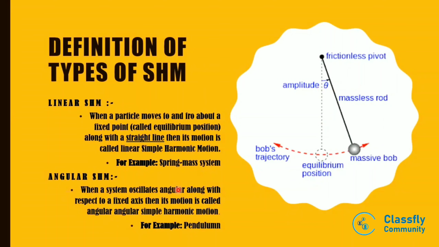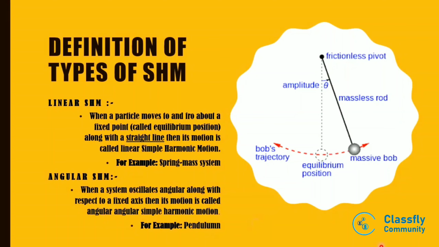When a system oscillates angularly with respect to a fixed axis, so this is the axis and it's moving like this, this is the theta which is being changed. This is called angular simple harmonic motion, and the pendulum is the example for angular SHM. So now we will move on.